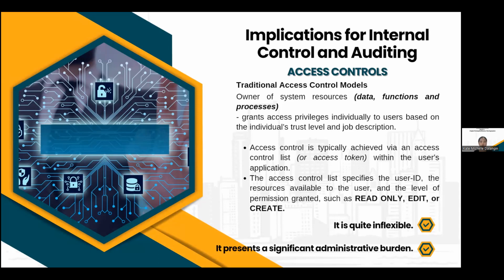The access control list specifies the user ID, the resources available to the user, and the level of permission granted, such as read-only, edit, or create. Although this model allows for the assignment of specific privileges to individuals, it is quite inflexible. The sheer volume and variety of access privilege needs in a modern ERP environment present a significant administrative burden.